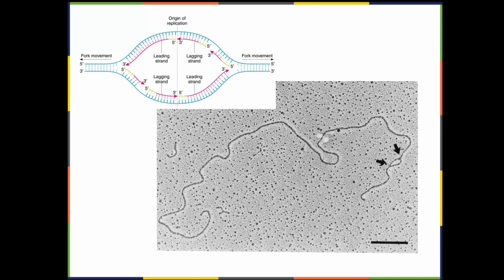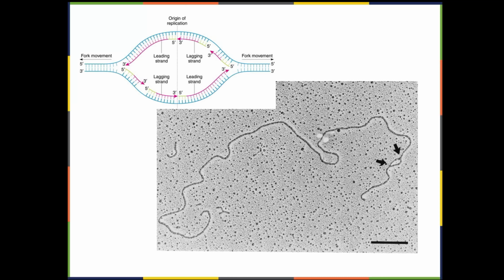There's a diagram on the top left that helps illustrate how this bubble forms. As DNA helicase moves outwards, it creates a bigger and bigger bubble. As that bubble gets bigger and bigger, other enzymes replicate the opposite side of the separated DNA. When this process is done, we're left with two full copies of that strand of DNA.